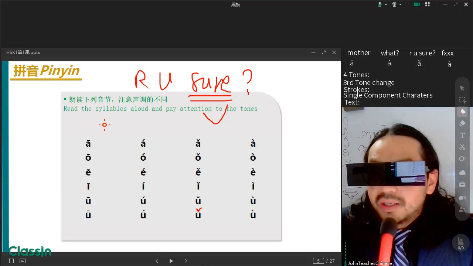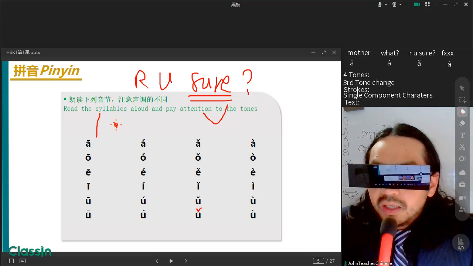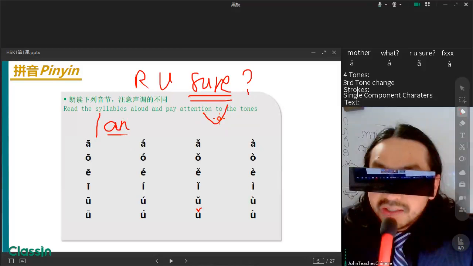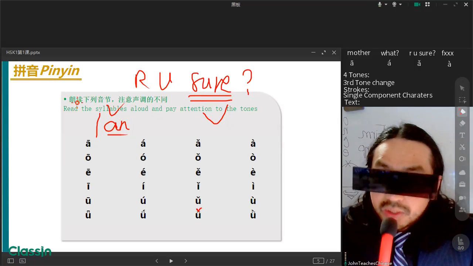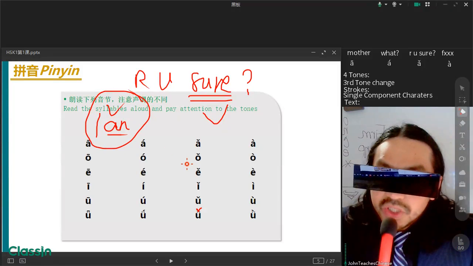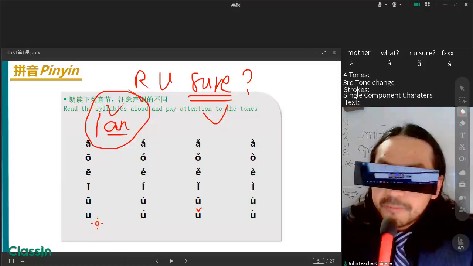Okay, let's give another one. I give a difficult one. Le. Again, here this one is an, right? It gives le an, lan. It gives the third tone. Are you sure? Are you lan? Right? So this one is just read lan.